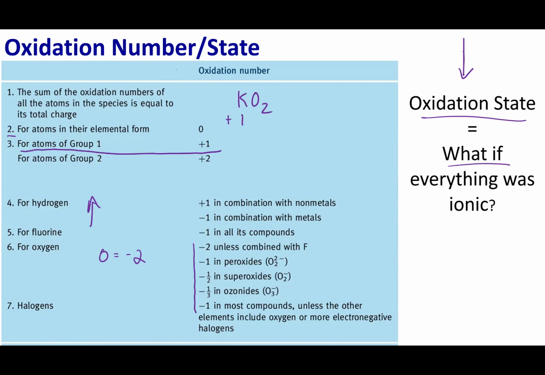Now, I know based on my first rule that all the oxidation states have to add up to 0 because the charge of this molecule is 0. So in this case, this O2 has to make up this -1. And the only way that occurs is if each one of the oxygens is -1/2 in oxidation state.